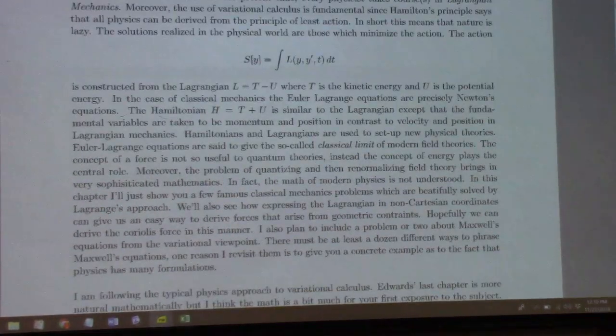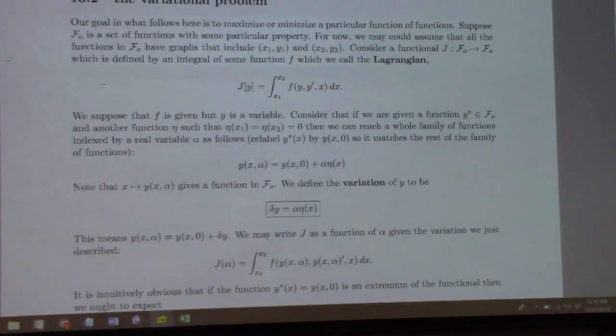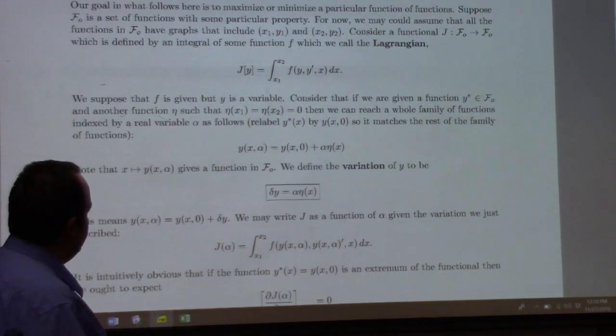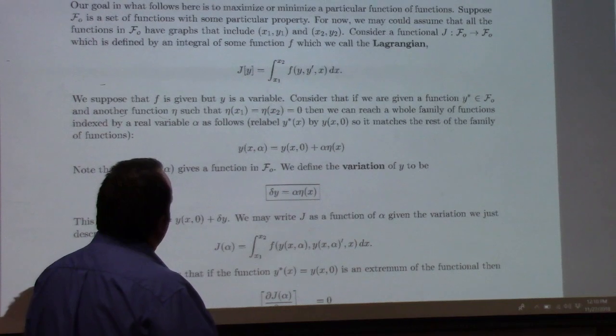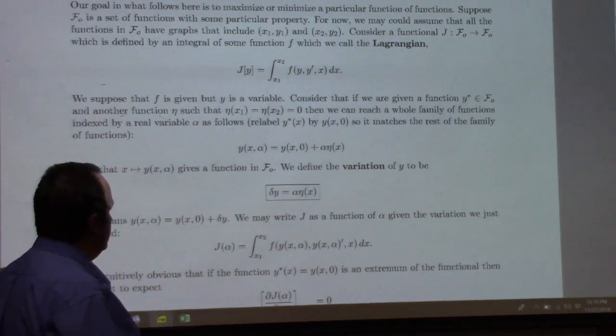So let me just get to it. Here's the variational problem, the standard one. Look at something like the Lagrangian. The Lagrangian would be an integral of some function of y, y prime, and x, integrated from x1 to x2.